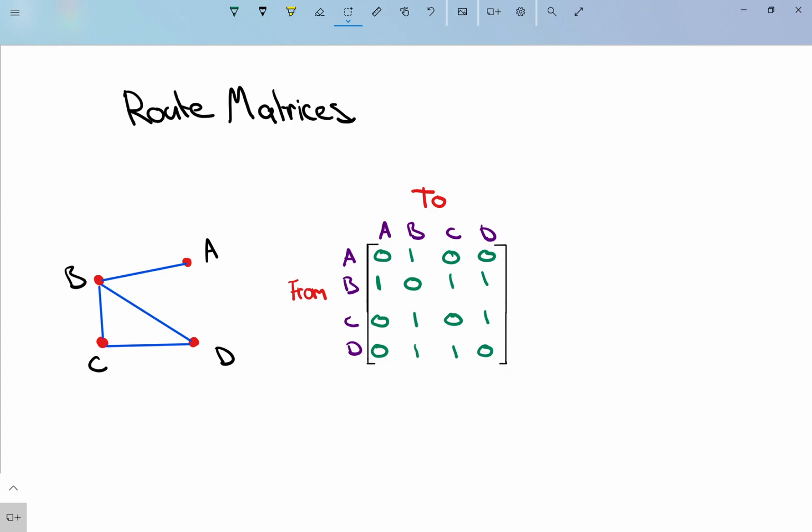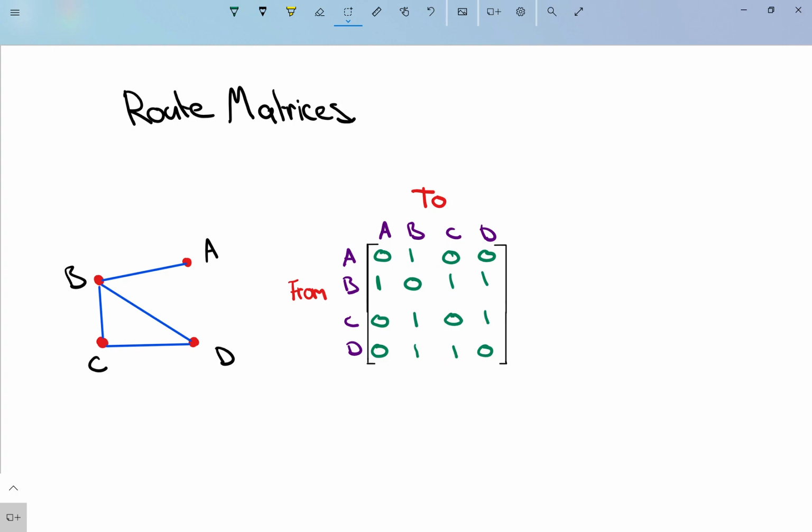Now another pattern you might have noticed is you have diagonals between your ones. So this one is mirrored, this one is mirrored, this one here is mirrored. You've got the 0 in the middle, but it's still mirrored in terms of distance, and this one is mirrored.